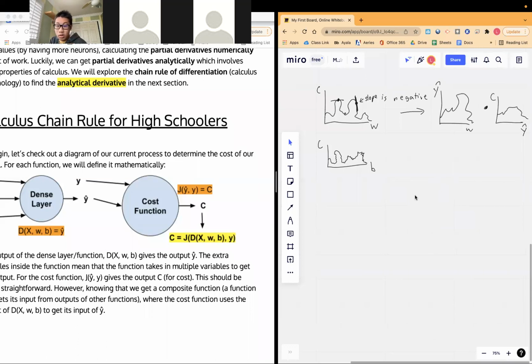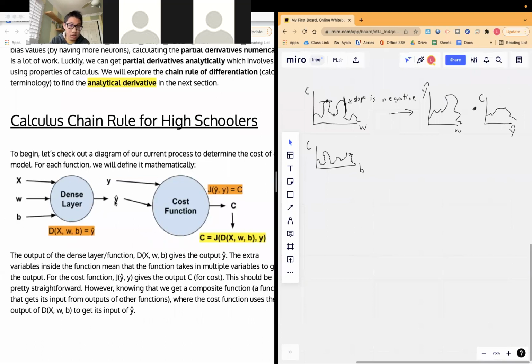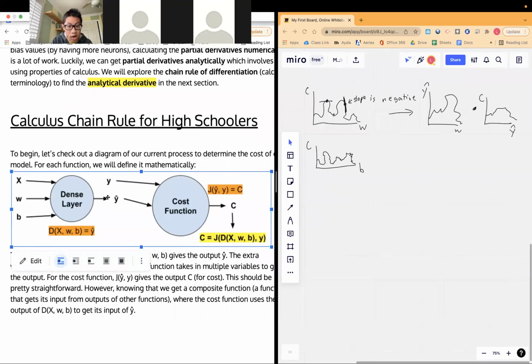What's the chain rule again? So you see how y hat in this diagram is in the middle, right? To get the derivative with respect to w, which is the slope, with w on the x-axis and the cost on the y-axis, you're gonna have a graph with the y hat, the prediction on the x-axis, the cost on the y-axis, and then you have y hat on the y-axis, but now you have the weight on the x-axis.